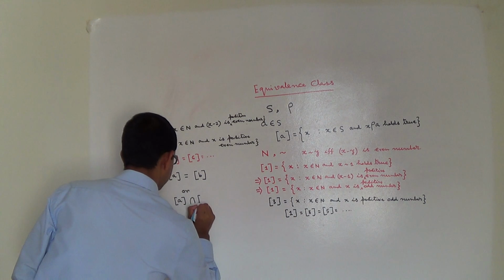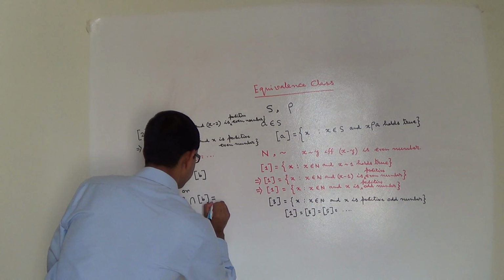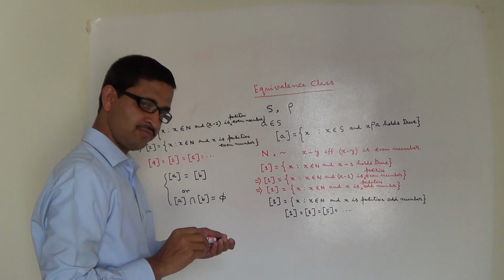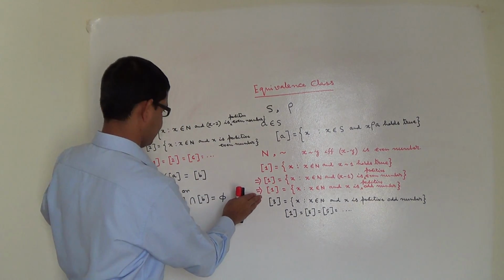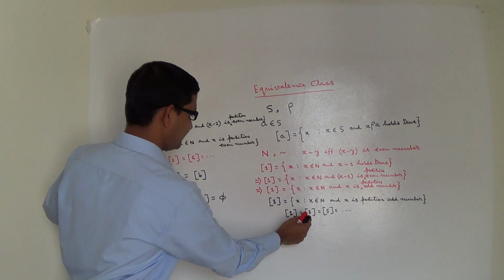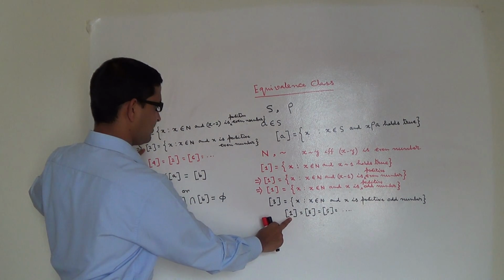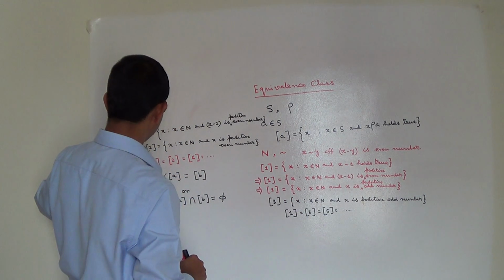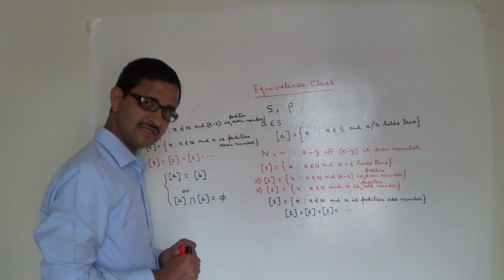That means the intersection of the equivalence classes of A and B should be a null set. Any one of these two must be true. You can observe this by means of the example I discussed earlier: the equivalence classes of 1 and 3 are equal, and those of 1 and 2 are disjoint, because the equivalence class of 1 represents all the positive odd numbers and the equivalence class of 2 represents all the positive even numbers. Correct?